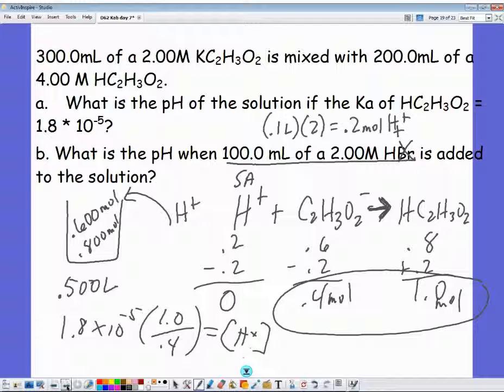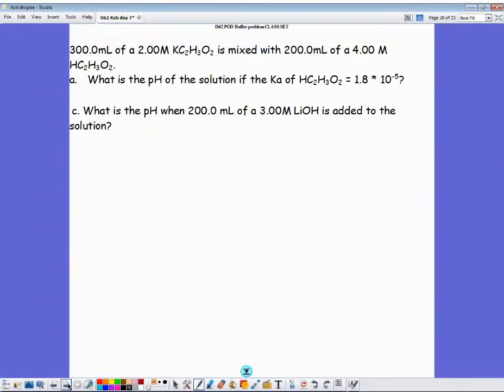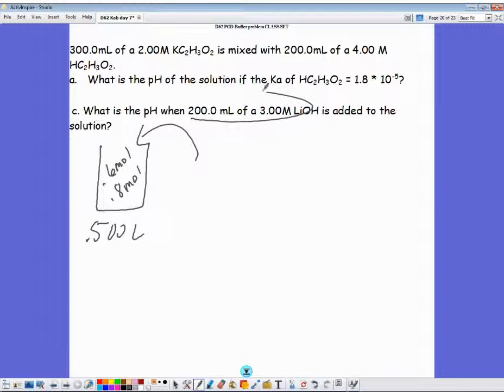Okay, so the next scenario is, what if you add OH- to that same original buffer? So you have your beaker, you have your 500 milliliters, 0.5 liters, 0.6 moles of conjugate base, 0.8 moles of weak acid. Now you're adding in 0.6 moles of OH-, and the Li gets kicked to the curb, yes?